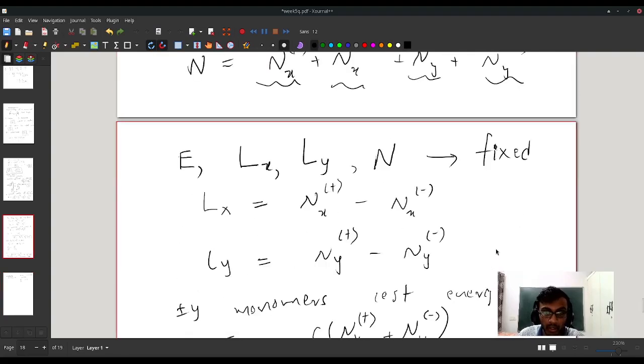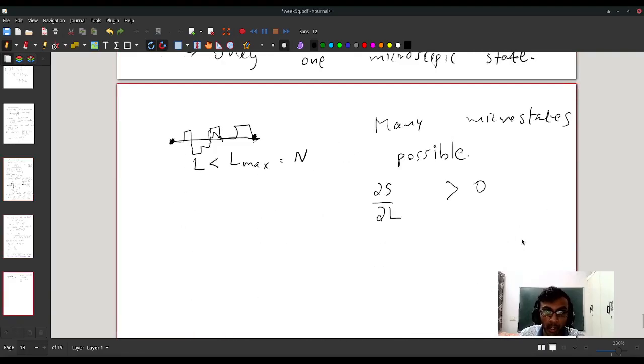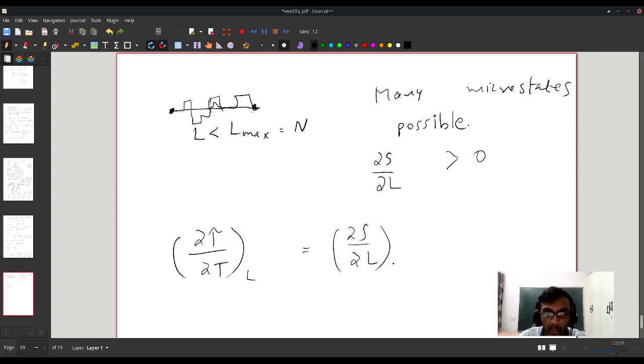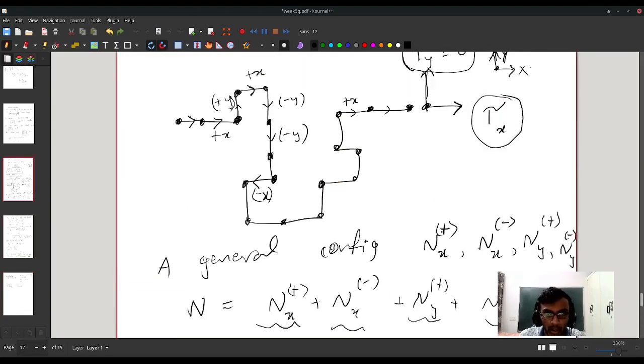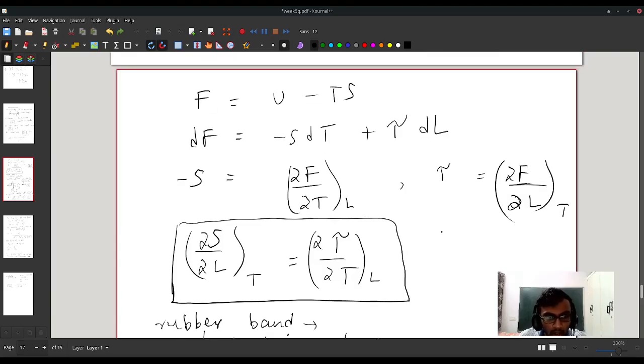So look at this quantity: dou tension by dou T, which is what we want at constant length, which is equal to dou S by dou L at constant temperature. This is going to be positive. Sorry, I got a minus.